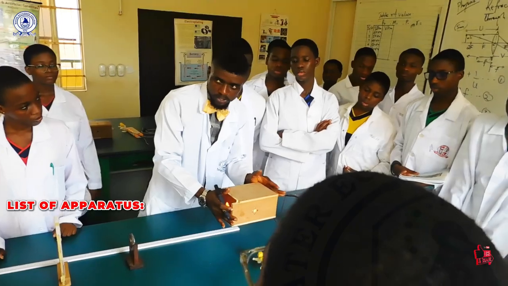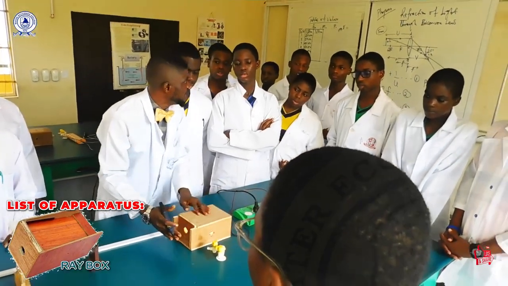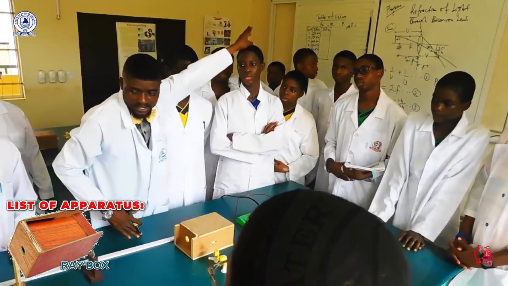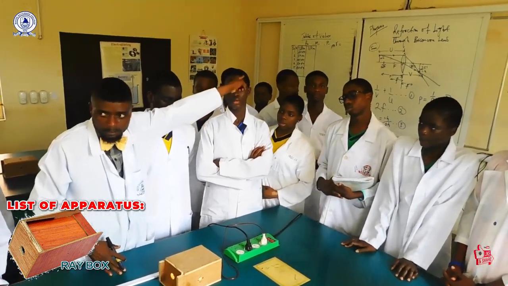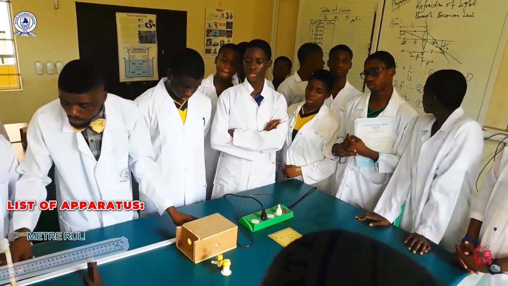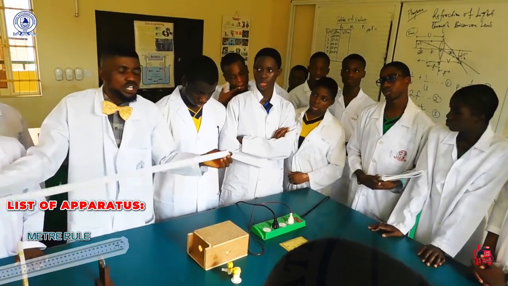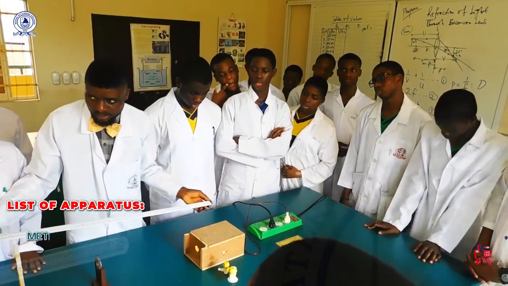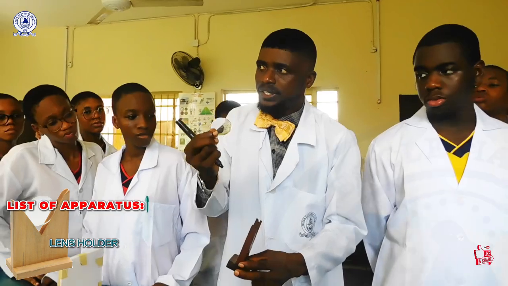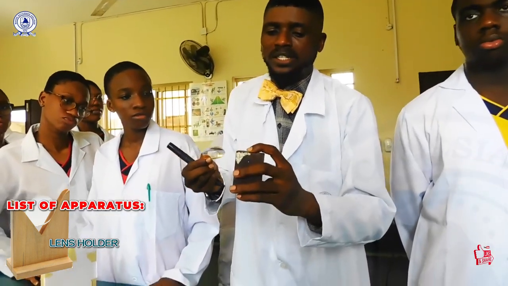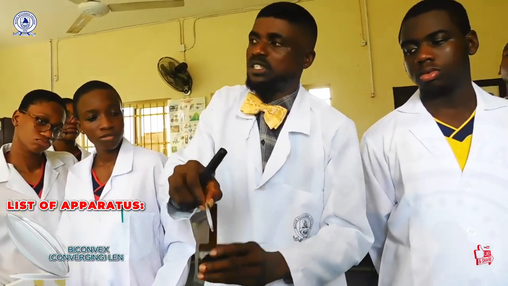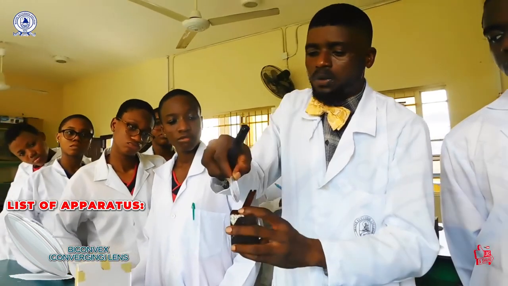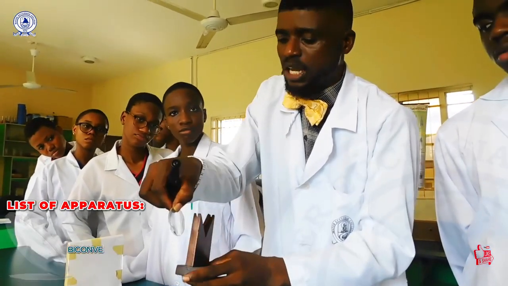Now permit me to introduce to you the apparatus in the experiment proper. This is a ray box. The ray box is standing for the object height I was drawing on the board there. This meter rule is now serving as your principal axis, the lens holder, and this is the lens. The lens holder is serving as the line of symmetry for the lens, or it also gives us an idea of the center of the lens.